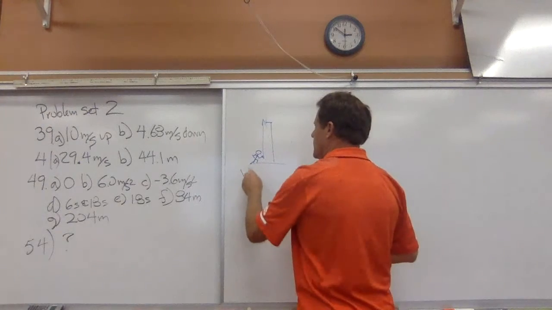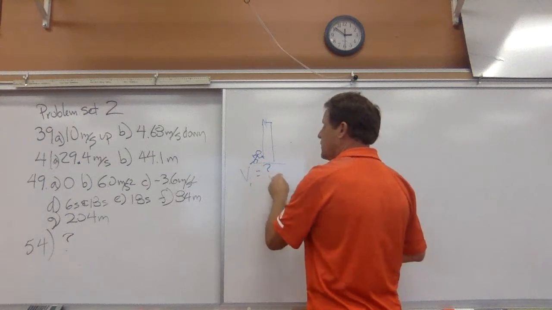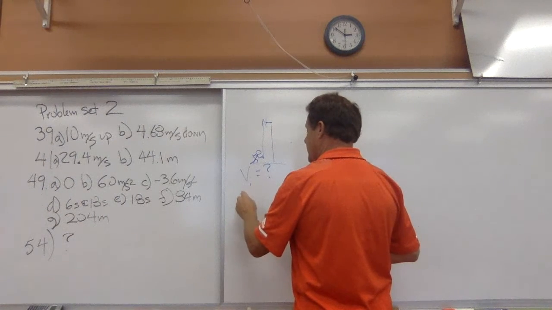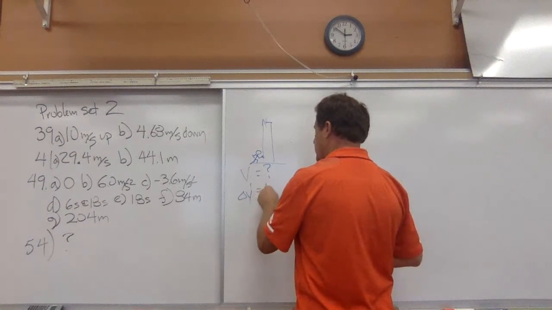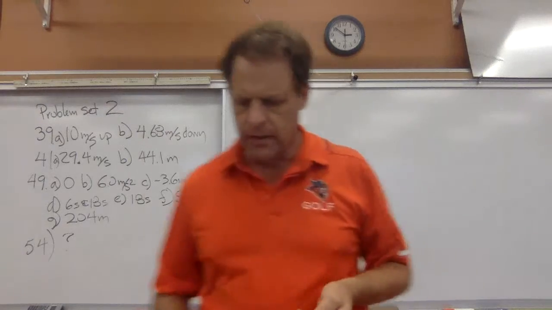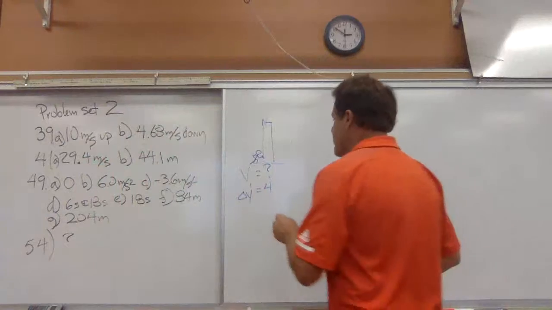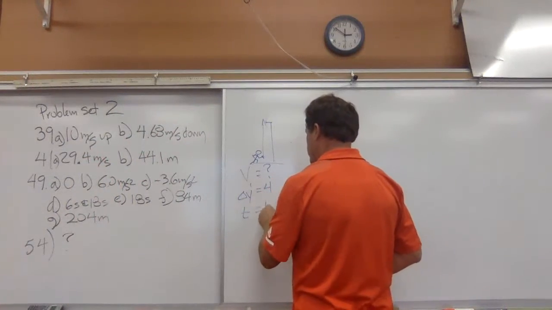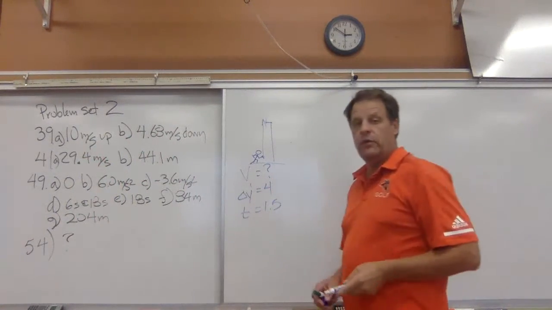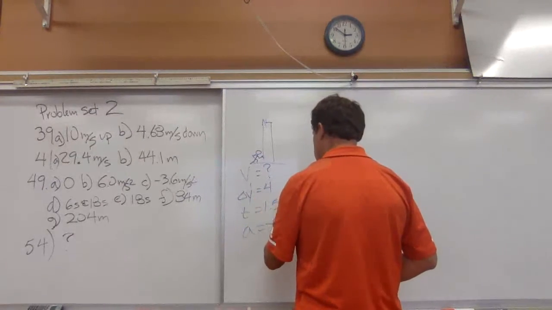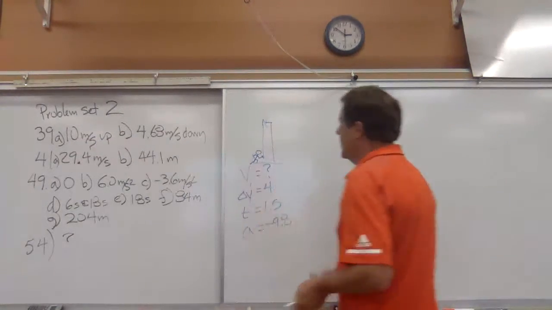Okay, so we do not know the initial speed. We do know the height, and we're going to call that delta y is equal to 4. Our time is equal to 1.5. And the hidden one in there is that our acceleration is negative 9.8.